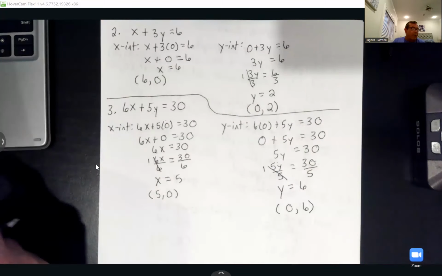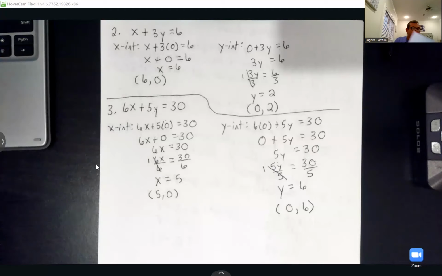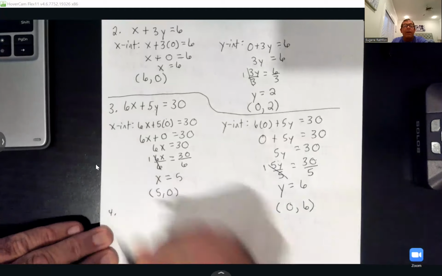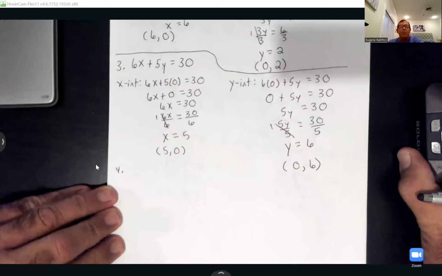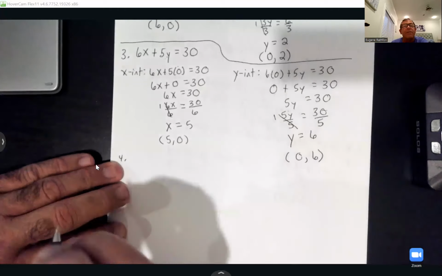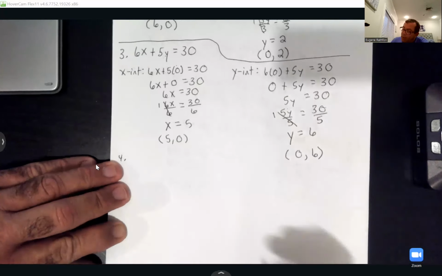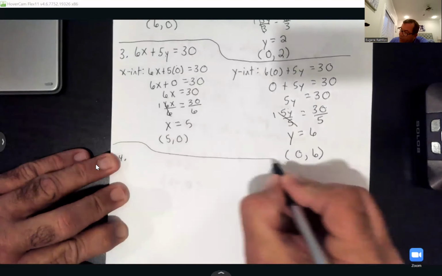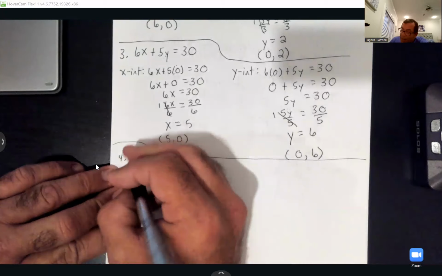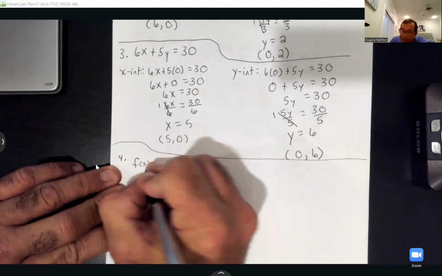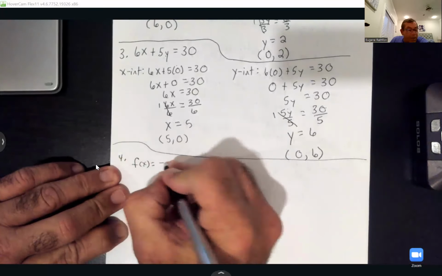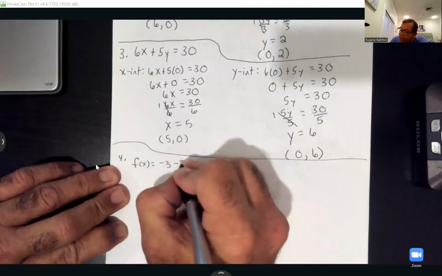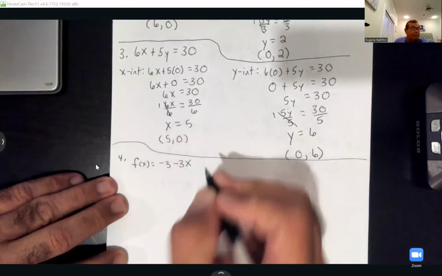All right, y'all, turning the page. And y'all, technically, this number 4 is doing the same thing, but they use different language on it. So let me mark off number 3 there. So number 4, they're saying f of x equals -3 minus 3x.